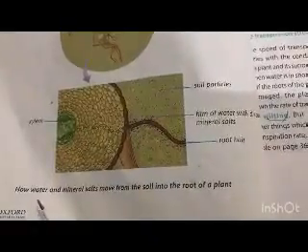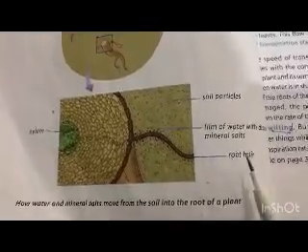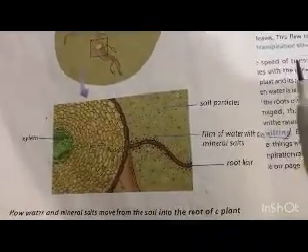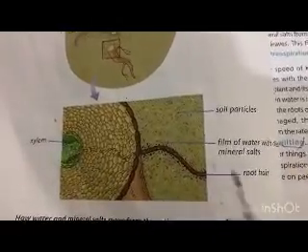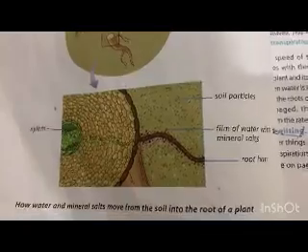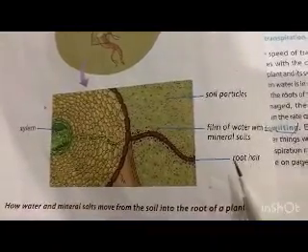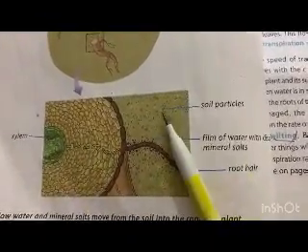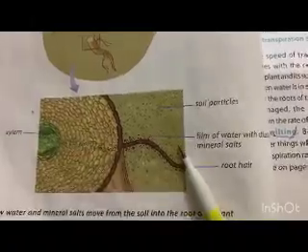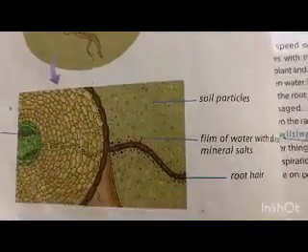In the diagram of how water and mineral salts move from the soil into the root of a plant, this is the root hair. Although I have elaborated enough in my previous slides, it's important to show you the diagram that's mentioned in the book also. This is the root hair, this is the xylem part, these are the soil particles, and this is the film of water with the dissolved mineral salts.